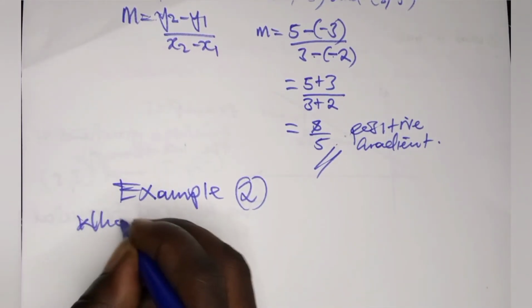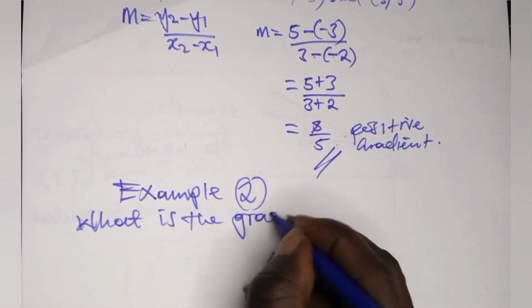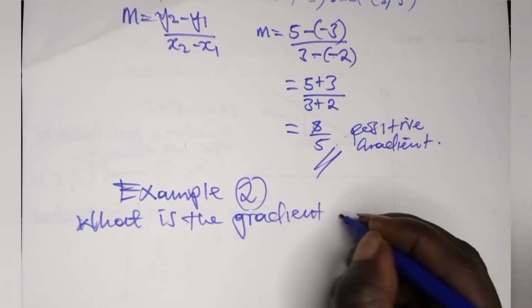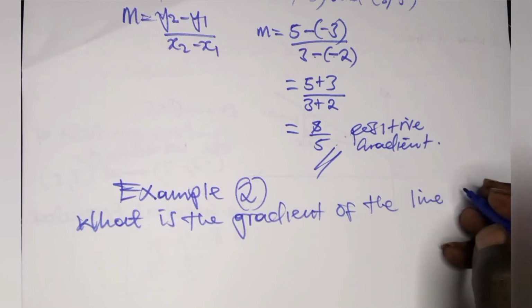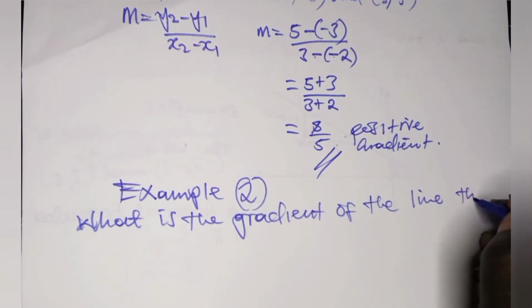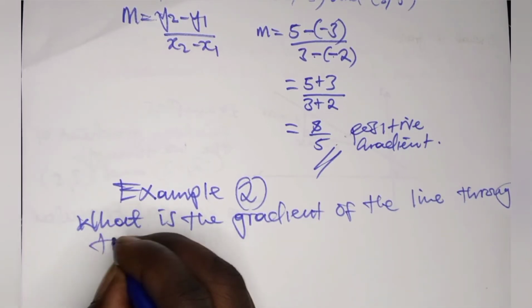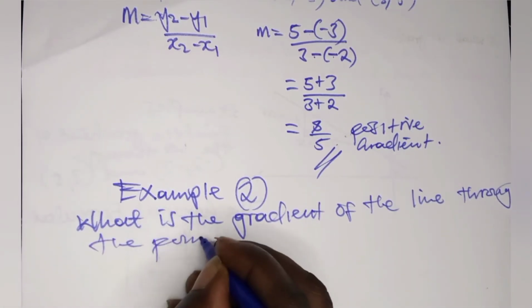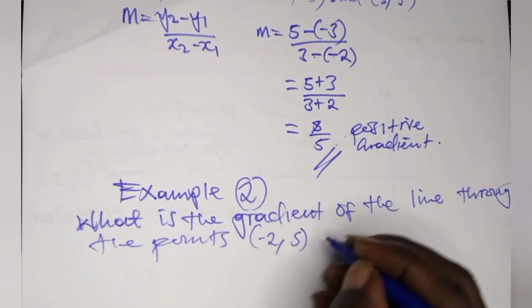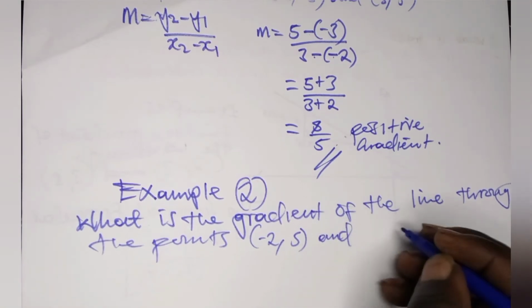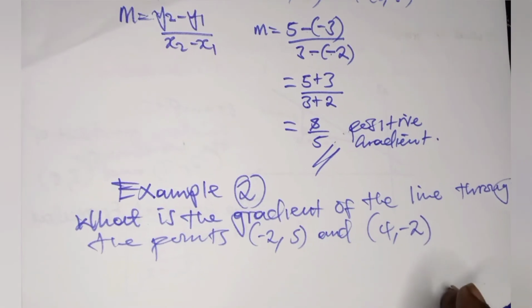What is the gradient of the line through the points (-2, 5) and (4, -2)?